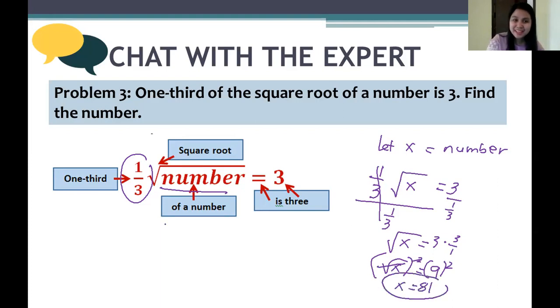If we'll verify it, 1/3 of the square root of 81. Wait first. It's no longer writing, sorry. 1/3 of the square root of 81.